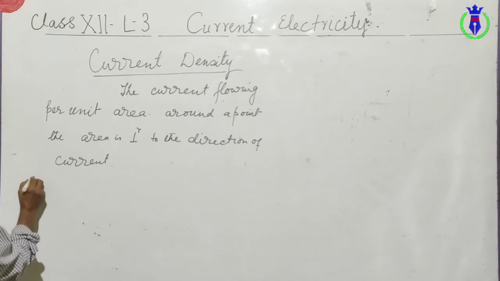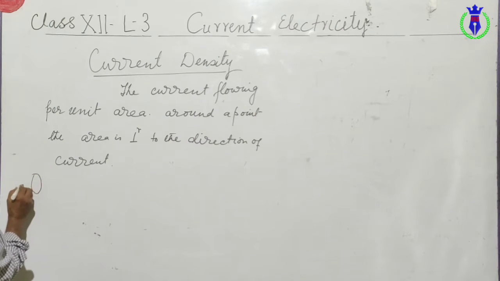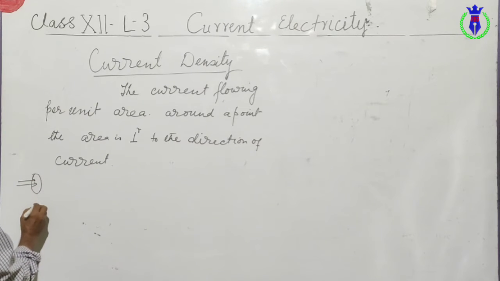इसका मतलब कि the area might be perpendicular to the current. If current is not perpendicular, it is oblique on the area, then the component which is perpendicular is considered.